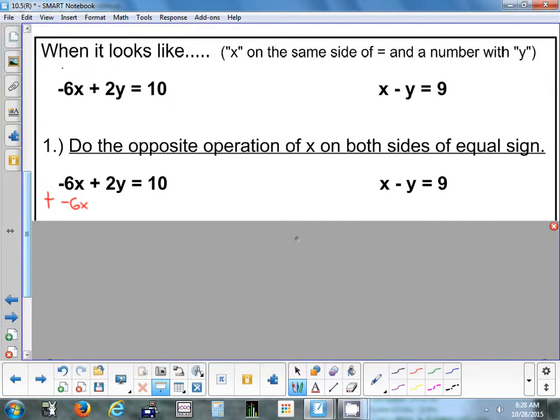Is that what you want to do? If it's negative 6x, I'm doing the opposite operation. What would the opposite be? Yeah, so I'm just going to add 6x, and I'm going to add 6x over here.